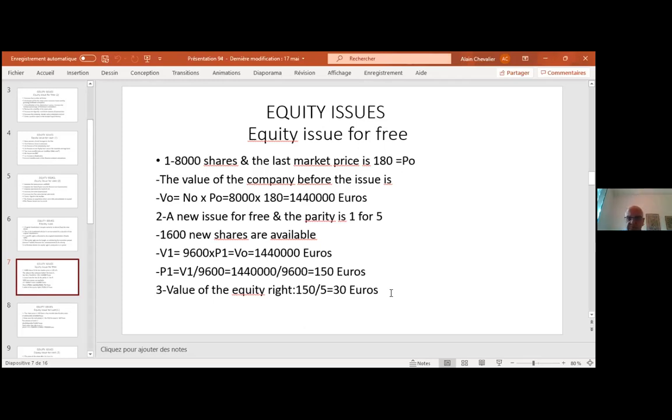So you have at the beginning 7 old shares. At the time of the announcement, you get 7 new shares plus 7 equity rights. You use 5 of them. Now you have 8 new shares, but you still have in your hands 2 equity rights. And you cannot use 2 equity rights to obtain a share.